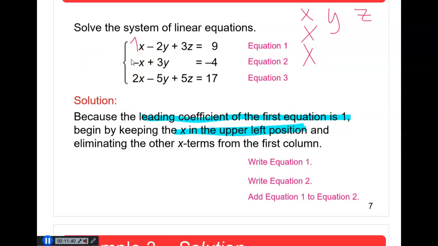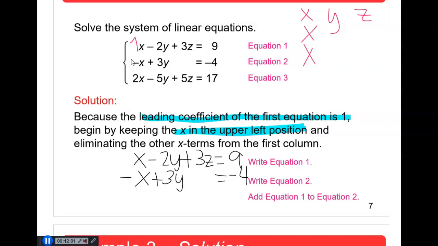So if we write the first one, x minus 2y plus 3z equals 9, and then I'm going to write equation 2 right below, negative x plus 3y is equal to negative 4. Here we're going to add the two equations.